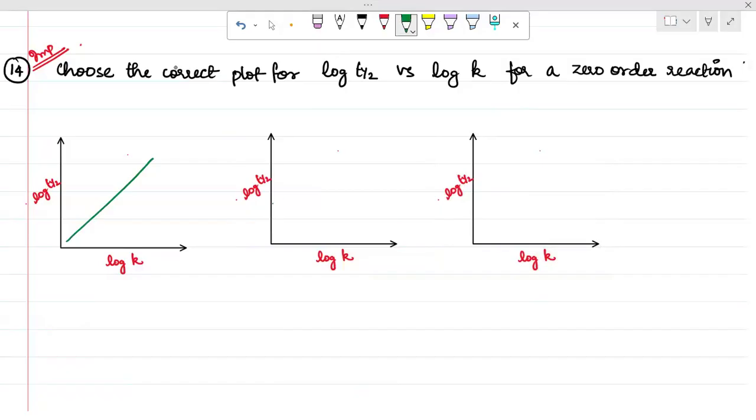Option B, your graph is like this. Option C, your graph is like this. Option D. So this is A, B, C, D, all of them. Very important question. We'll do this in the next session, but then you give it a try as well, okay?